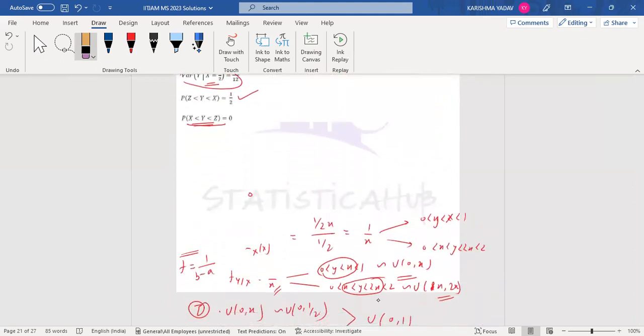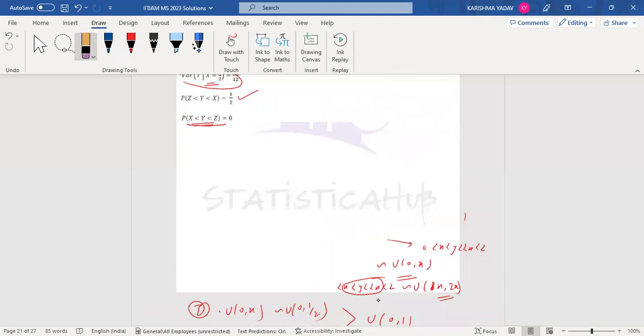Let's erase this first. If it is the expectation of the minimum of x comma y, then the minimum of x comma y is basically that one time x is less than y, and the other time y is less than x.